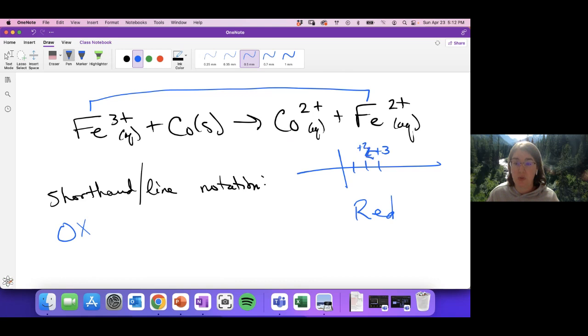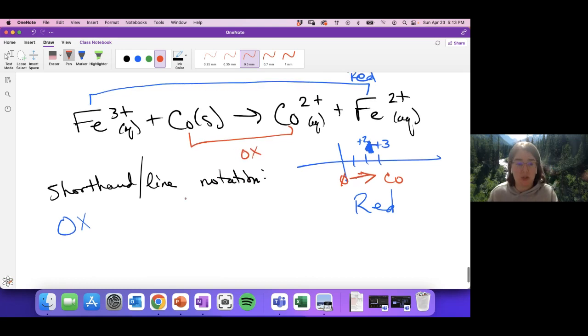My little arrow points towards the negative side, so this is getting reduced. Then my cobalt is going from 0 to +2, so my cobalt is going towards the positive side. So my cobalt is getting oxidized, and therefore my cobalt is my oxidation reaction.